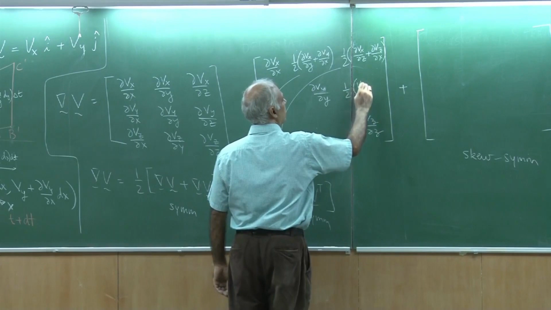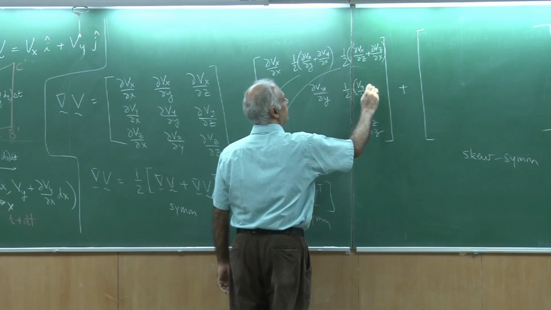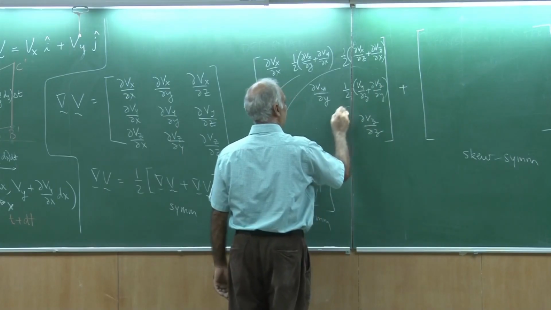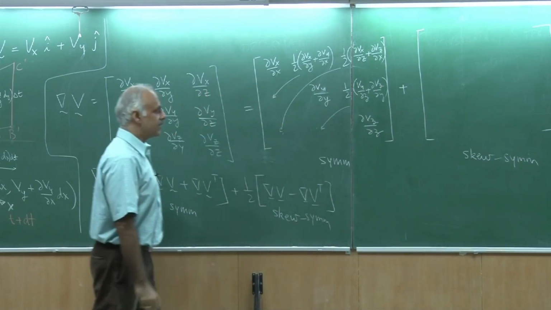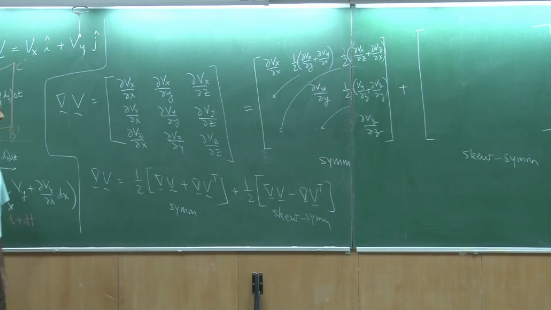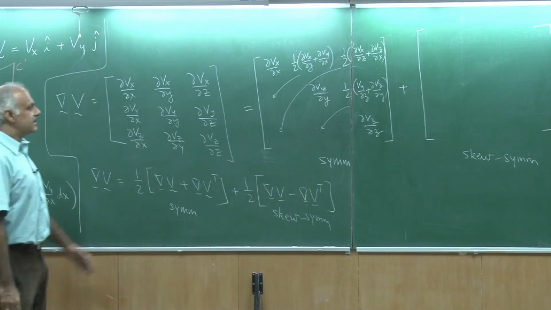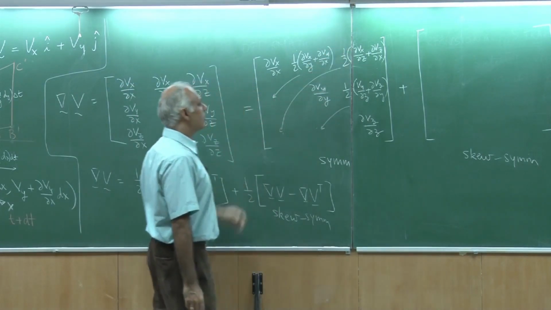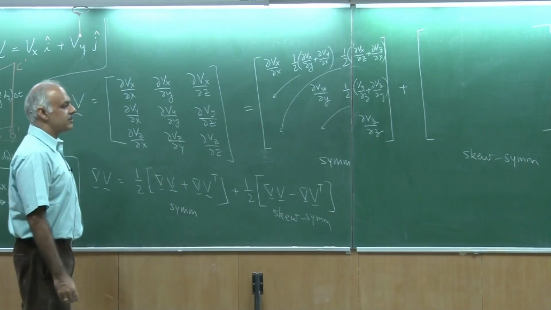So, this would be del Vy by del z plus del Vz by del y, and I would say the same term would fill up that location. So, I only need to fill in 6 of the terms, the 3 diagonals and the upper triangle, and then the lower triangle I should be able to simply get from the symmetry.